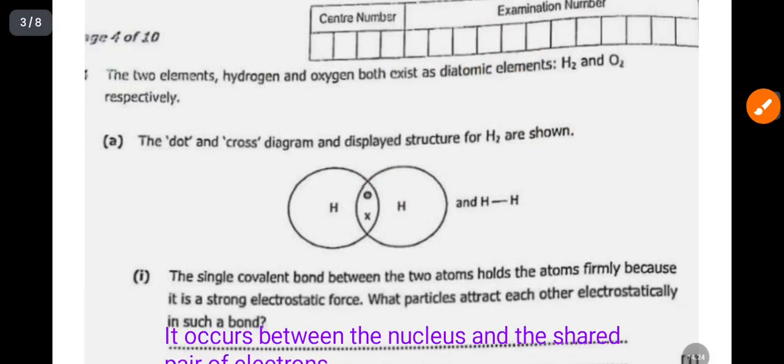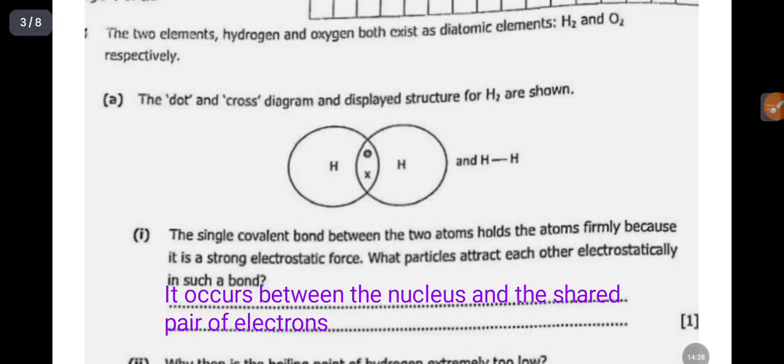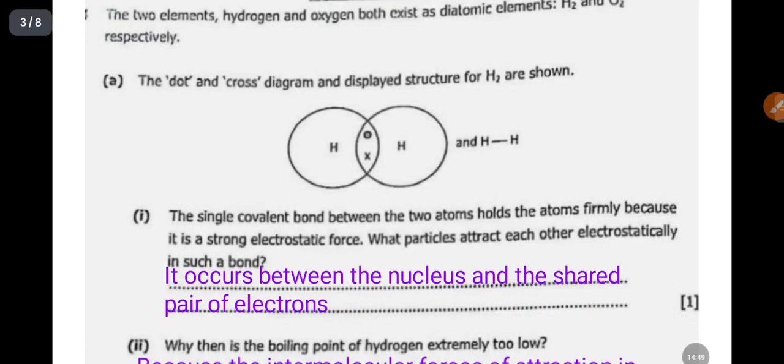Alright, so here I wrote it occurs between the nucleus and the shared pair of electrons. Why? Because the nucleus has protons that are positively charged. Okay, so these protons are able to electrostatically attract the electrons, thereby forming a strong electrostatic force of attraction.